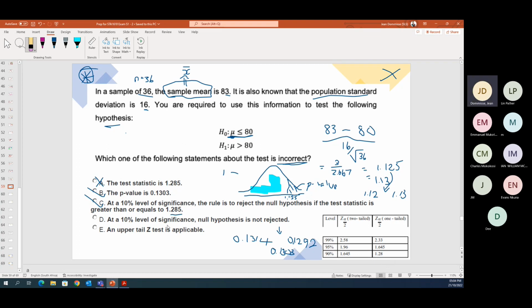So at a 10% level of significance, the null hypothesis is not rejected, which is because that number is smaller than that number. Also, your p-value of 0.1303 is bigger than 0.1. So there's two reasons why the null hypothesis is not rejected.